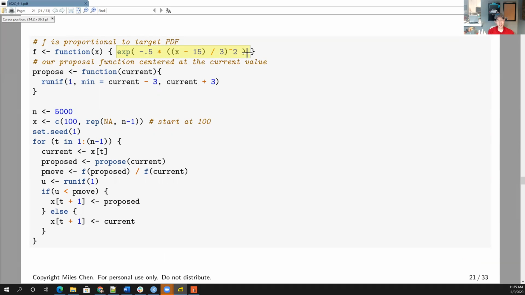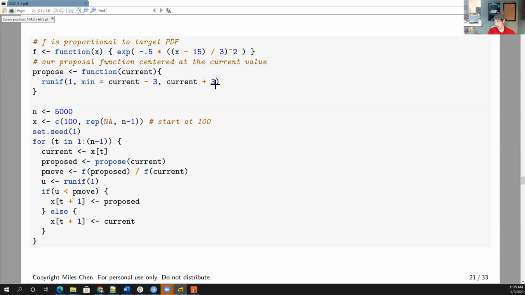We can do the Box-Muller transform and this Cartesian to polar coordinate thing, but it takes a little bit of creativity to generate random normal values. But here I've got a function that's proportional to the normal. My proposal function is the uniform distribution. I'm going to generate one value somewhere between current minus 3 and current plus 3.